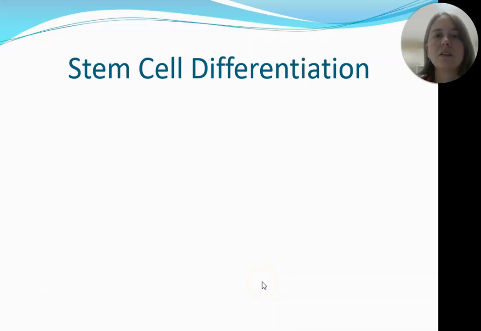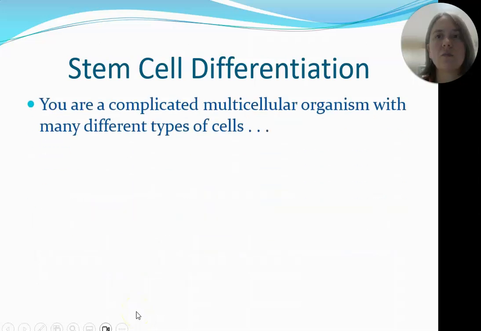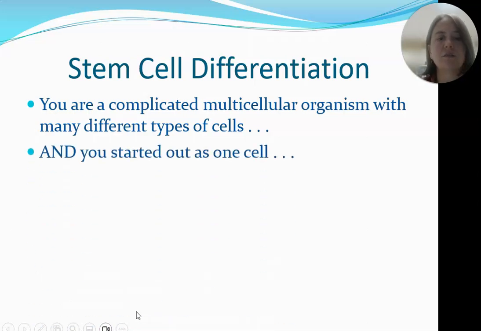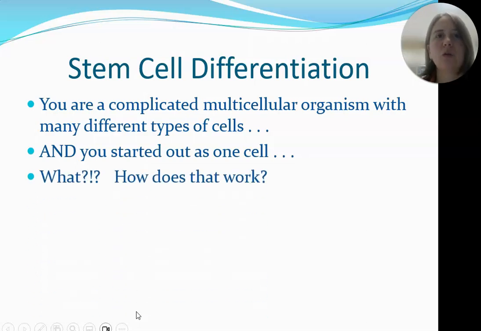Okay, we're going to talk about stem cell differentiation. Now you don't have to write this down, but make sure you're paying attention. So you are a complicated multicellular organism with many different types of cells. But you started out as one single cell, about the size of a period on a page. How did that happen?